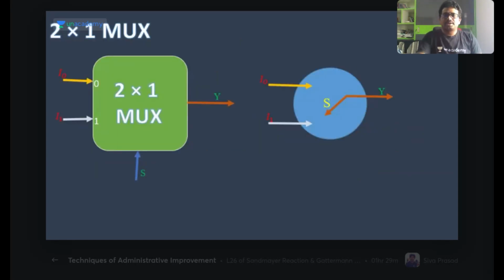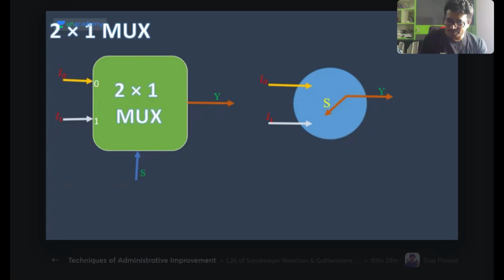Next, let us consider a 2 by 1 multiplexer. The basic structure of a 2 by 1 multiplexer is like this. Here these are the two inputs, 0 and 1. How many outputs are there?